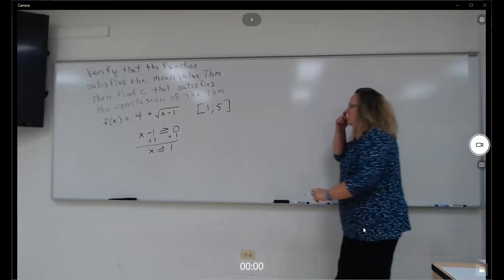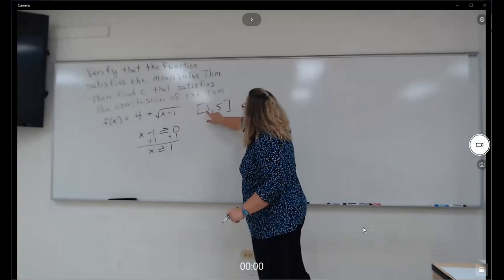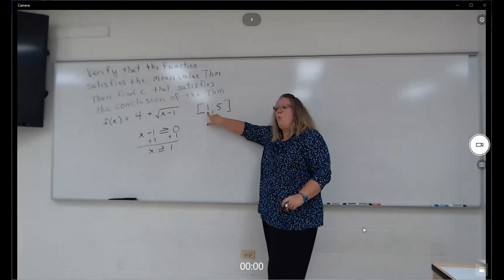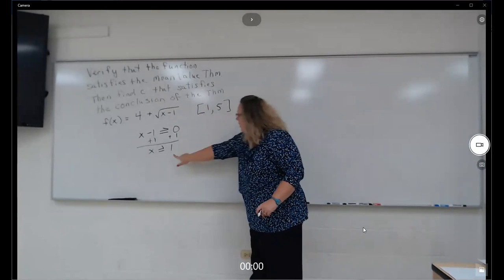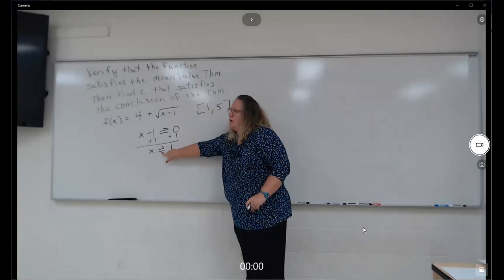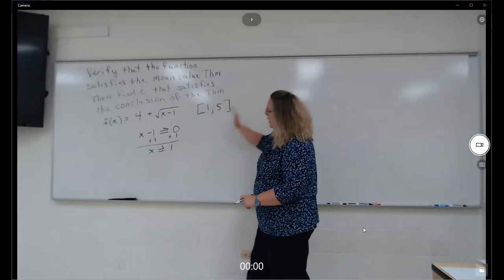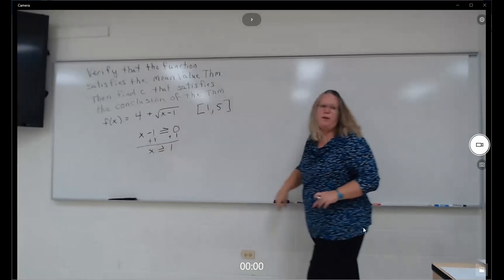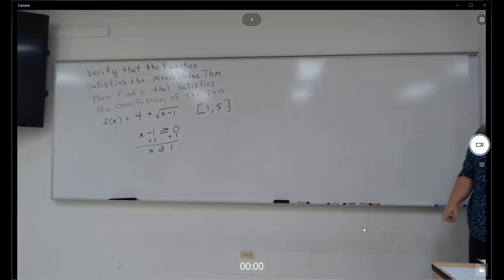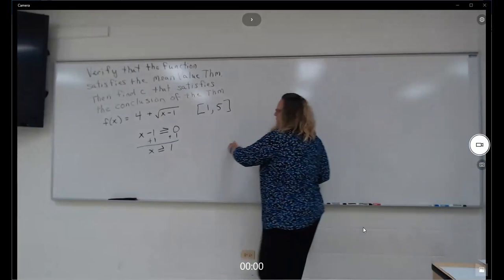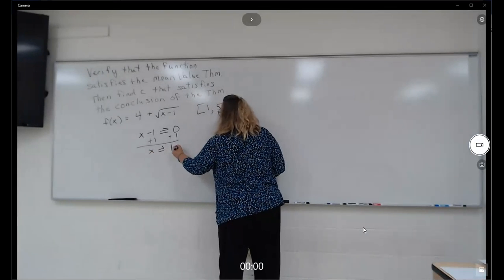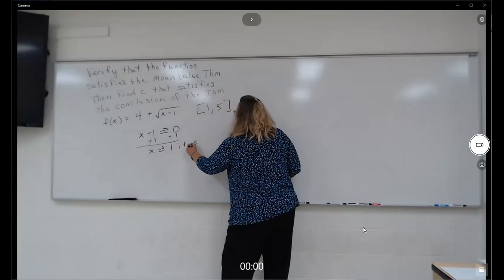Okay. And what is our interval? 1, including 1, but that's okay. We're saying it's okay to include 1. And then anything greater than that, this is just stopping at 5. So it is continuous over this interval. As long as x is greater than or equal to 1, we could write it is continuous.